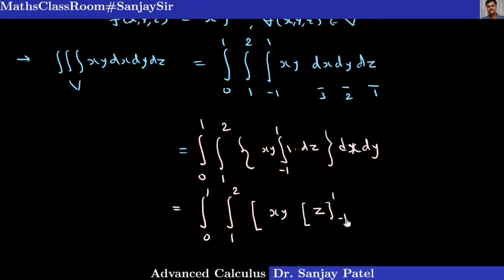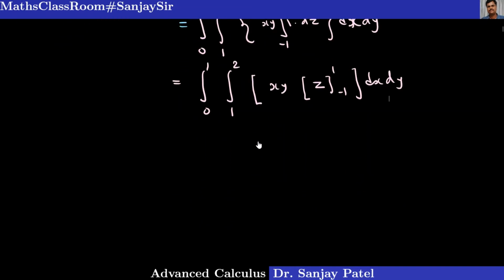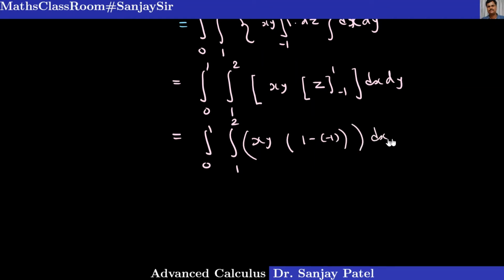These are the limits of z, remember, into dx dy. So it's a very simple integral, just to understand how one can evaluate this type of triple integrals. So 0 to 1, 1 to 2, and you know the value of this integral is 1 minus -1, so it is 2 dx dy.